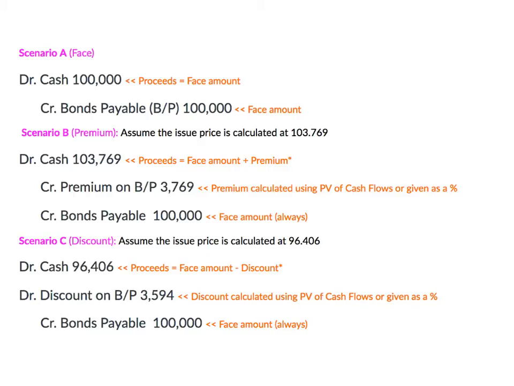It still applies. The proceeds are calculated based on those cash flows that we just talked about, and part of the calculation will be to figure out what's the present value on the interest payments from this bond.